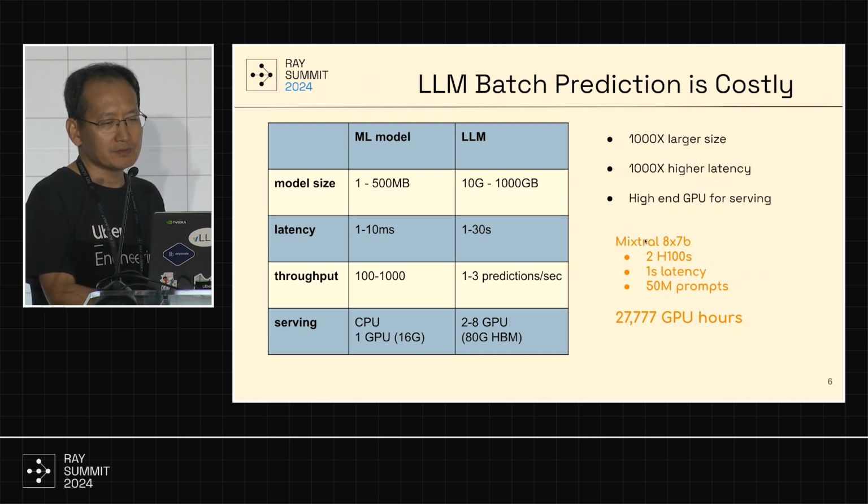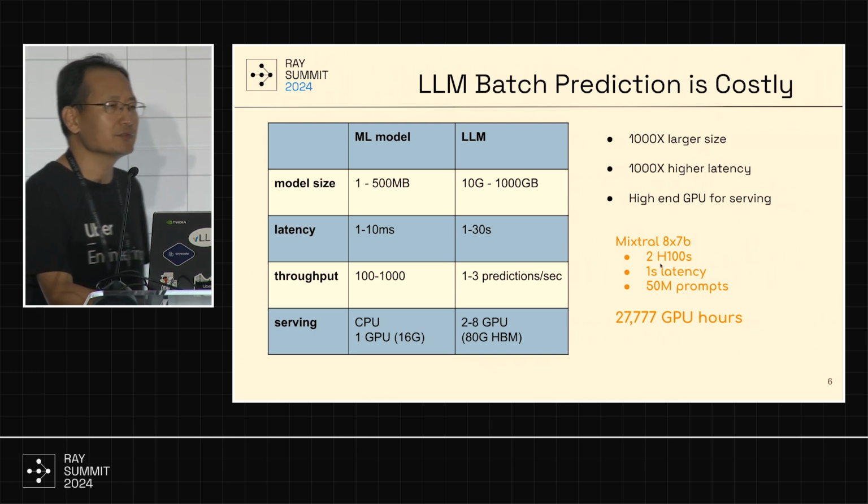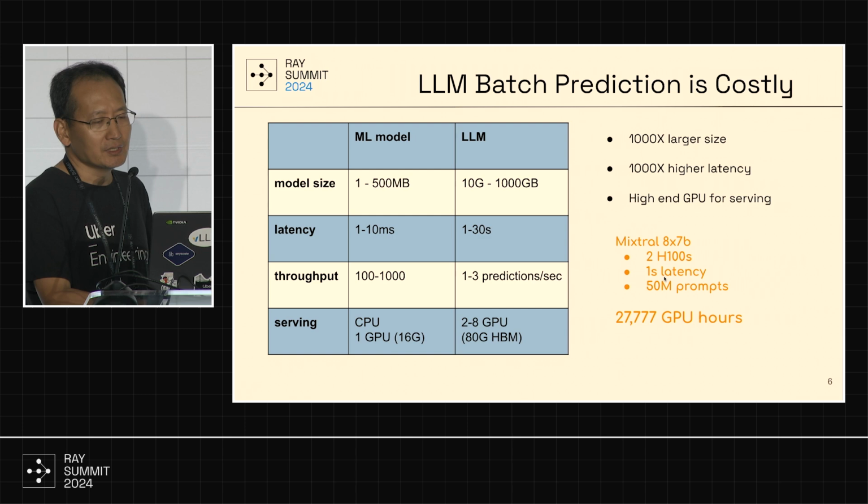For example, for the Mixtral 8x7B model, you're going to need two 80GB H100s to host it. With 1 second latency, if you don't have a good batching mechanism, say you process one request per second, and for a typical job we handle like 50 million prompts, you're going to need this many GPU hours.